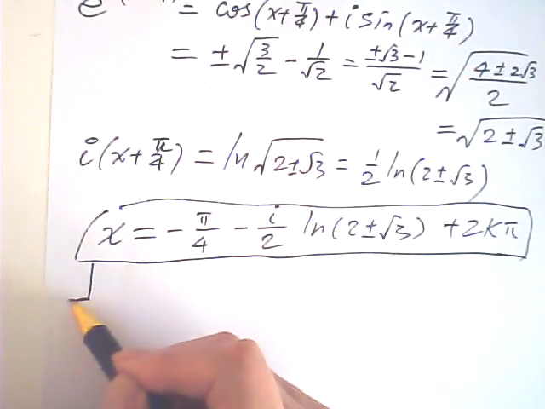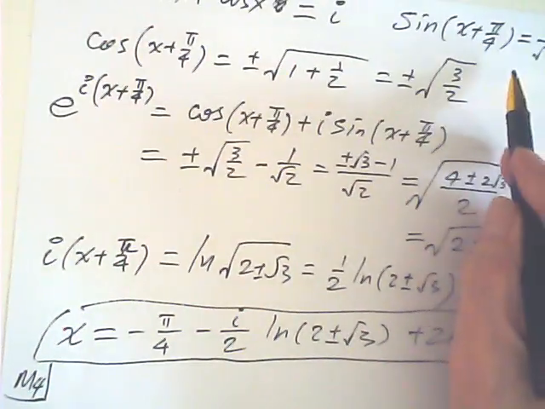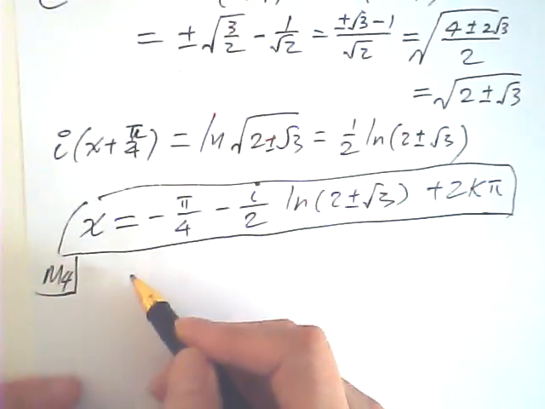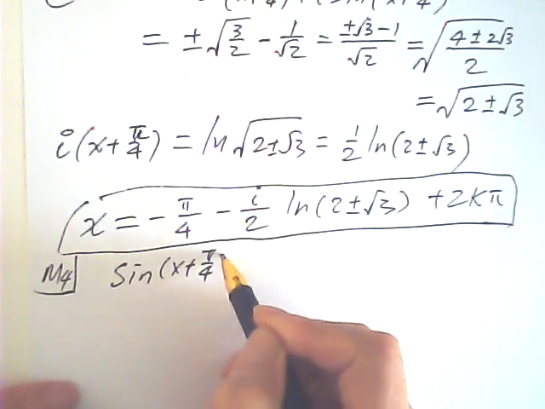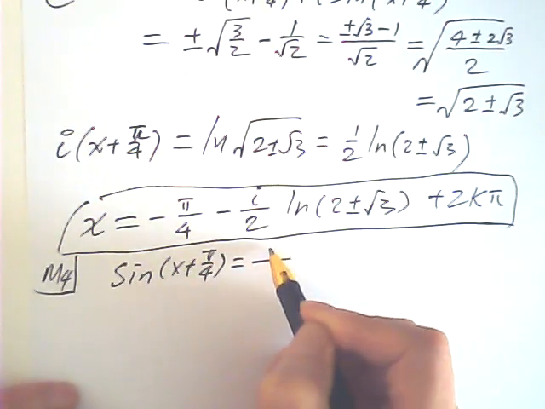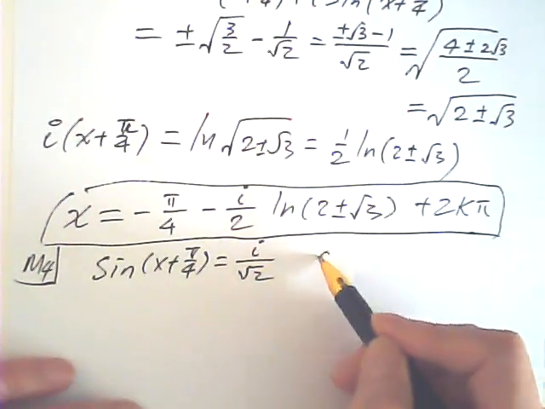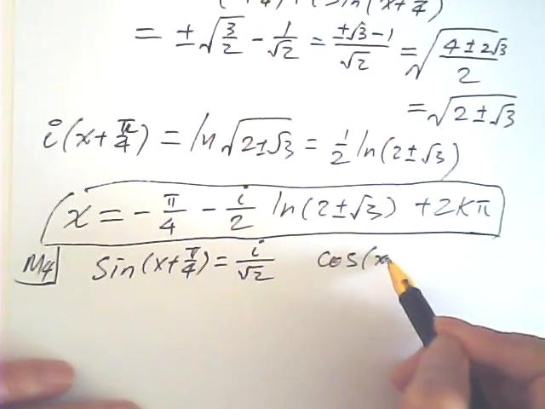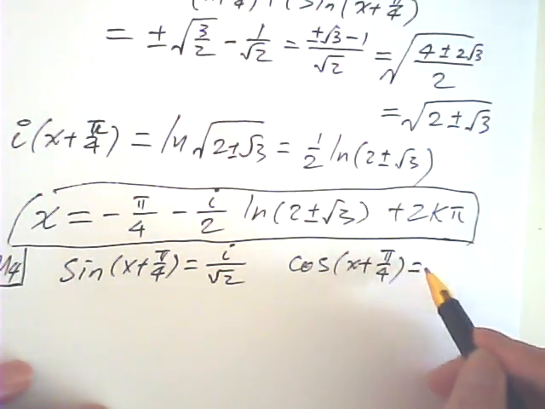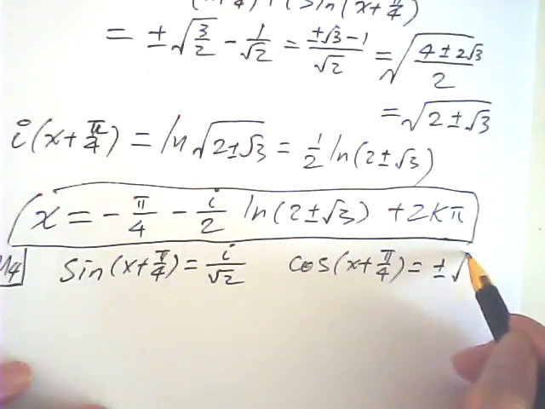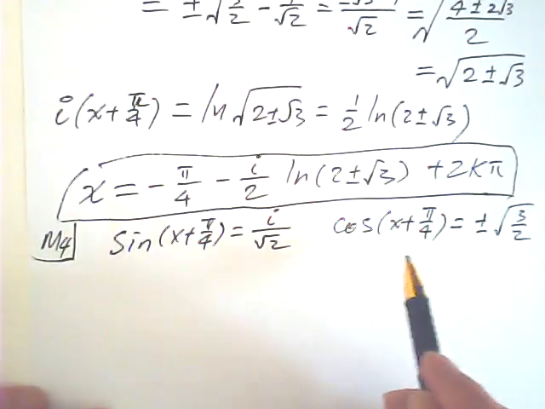Method 4. Now I know that I'm using this one, okay? This one, sine of x plus quarter pi. Right? And the cosine of x plus quarter pi is equal to plus or minus. I can use any one of them.